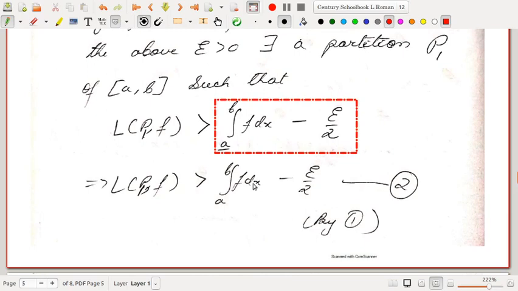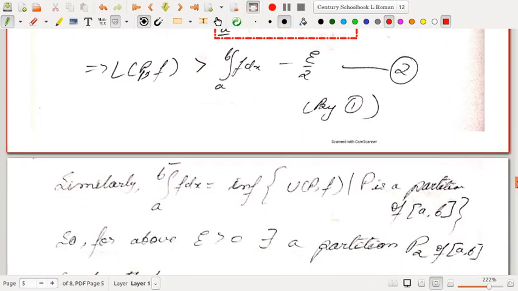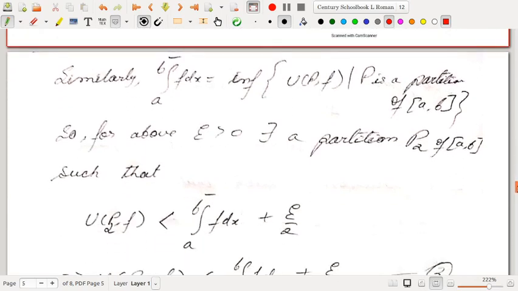But what is the lower integral of f dx? It is the integral from a to b of f dx, the Riemann integral. So L(P1,f) is strictly greater than this quantity, right? Let us name it equation 2. Similarly, the upper integral is the infimum of all upper sums. So by definition of infimum, which is the greatest lower bound, anything greater than this cannot be a lower bound.